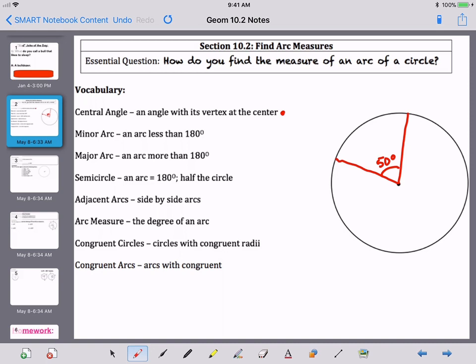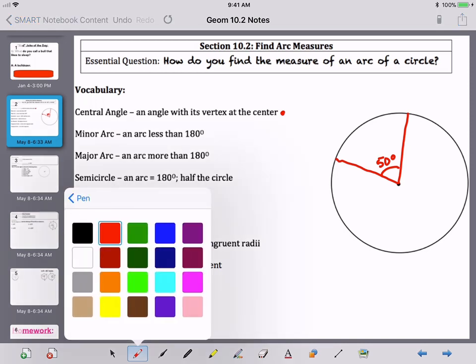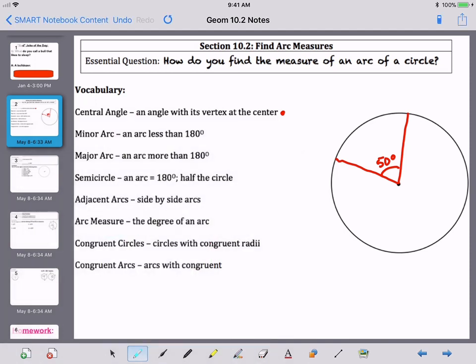Now a minor arc is an arc that is less than 180 degrees. It turns out that this arc right here would be the same as that central angle. So this would be 50 degrees, the arc measure, and that would be an example of a minor arc.